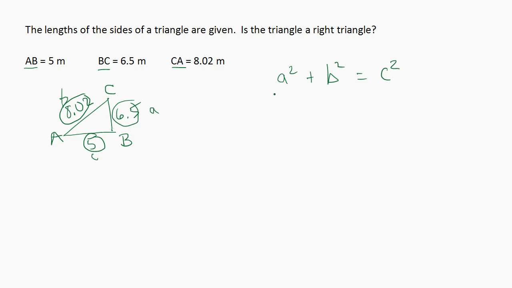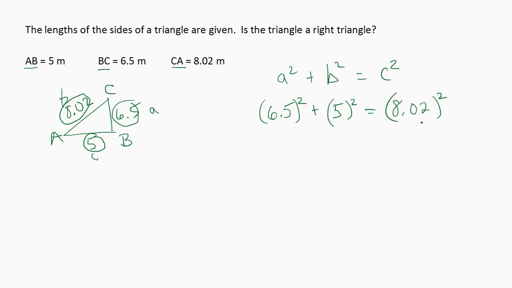So let's start plugging in these numbers. I'm saying that 6.5 will go in the A spot, so 6.5 squared plus 5 squared equals the hypotenuse squared, 8.02 squared.